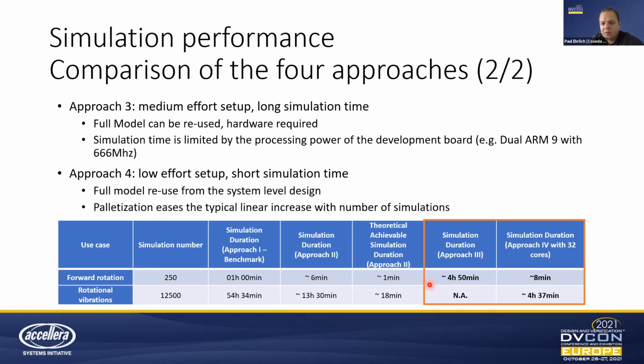But for this use case, the test bench, which is also doing a lot of the testing and evaluation of the signals, is too heavy a load for the ARM processor. So this approach can be nicely used, but only if you have a really lightweight test bench to run on and leave the ARM more time to idle.